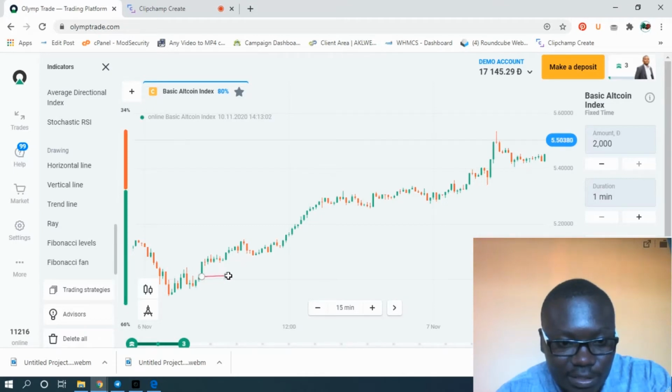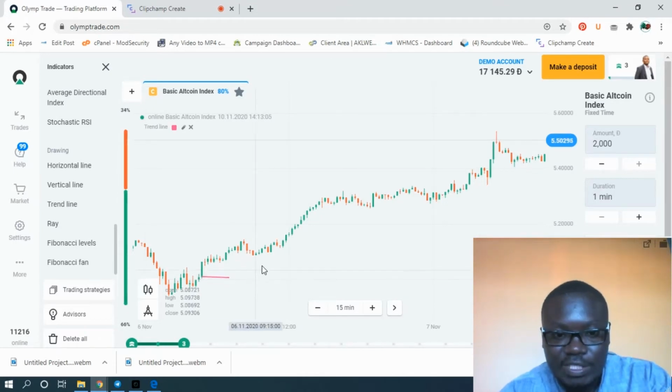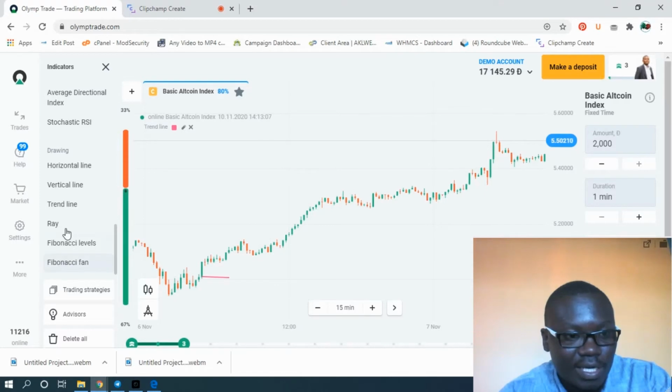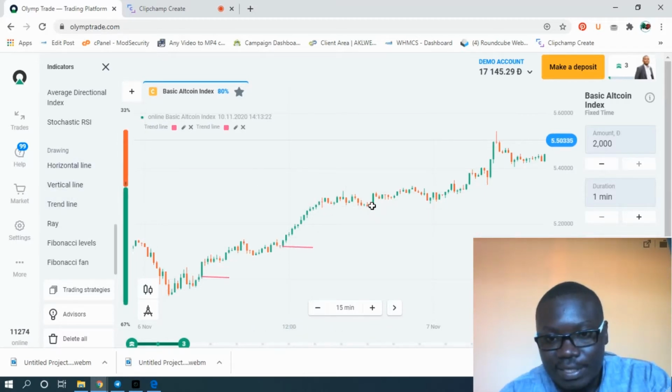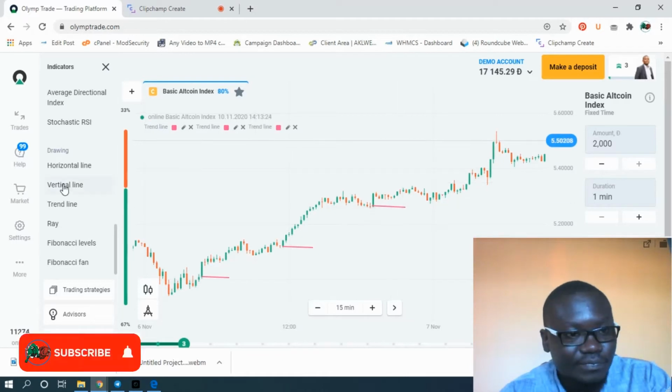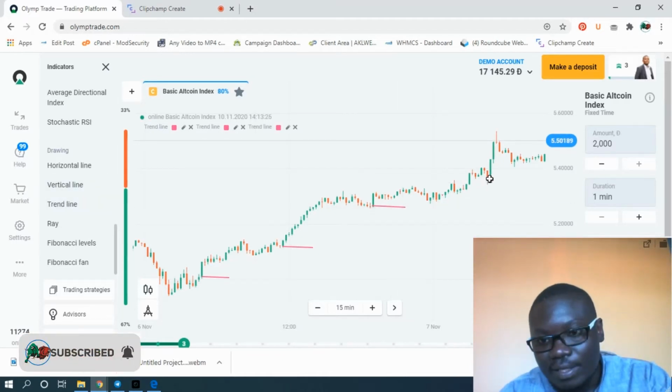This is a swing point here. You can see another one that has just developed. So this is another swing point here, another swing point here, and another here.